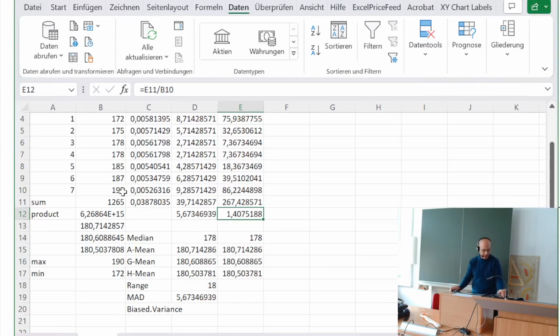And this is also why I'm doing this with you, because if you are doing statistics and having a look at your data, you always have to know what you are doing. Not only feeding in your data, pressing enter, and then some numbers come out and you do not know what these numbers are about.